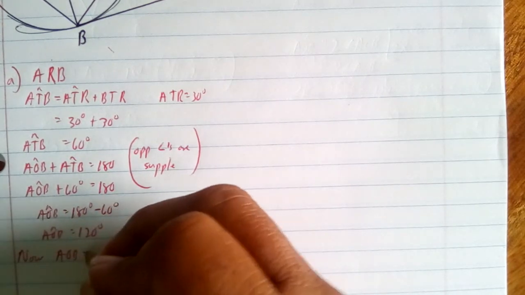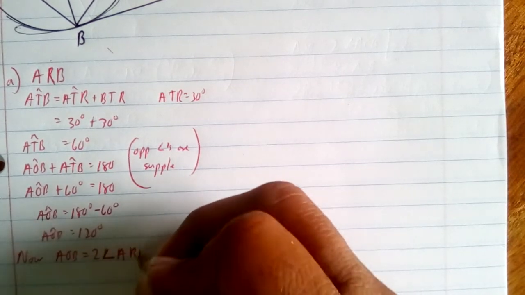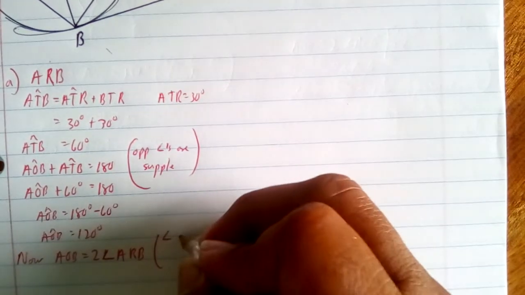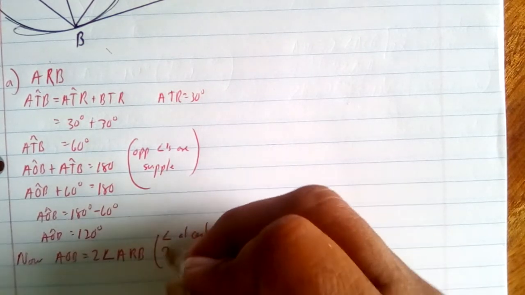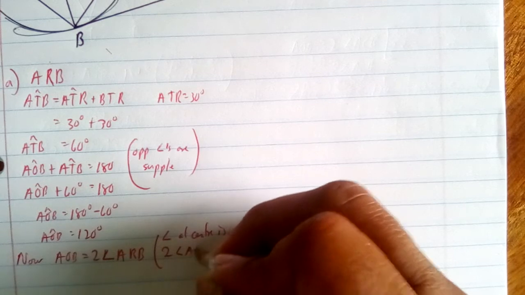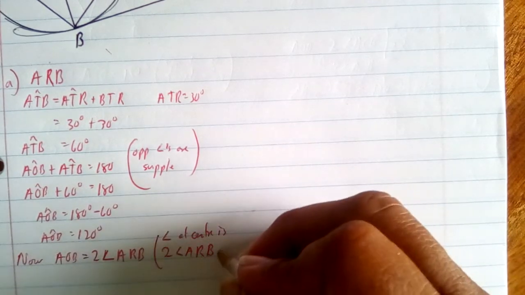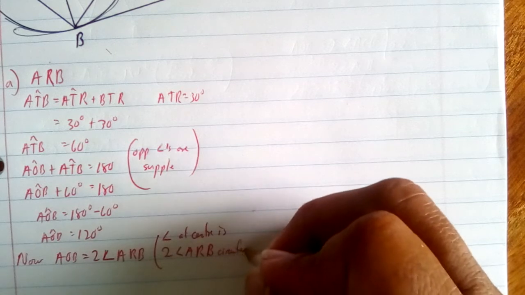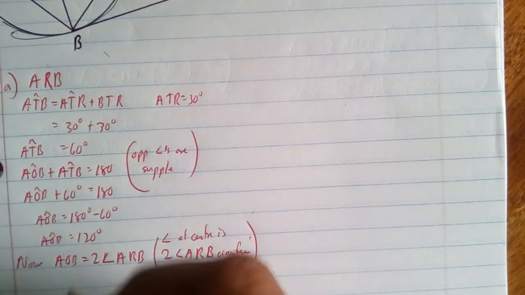So now we're going to say AOB equals 2 times angle ARB. Why? Angle at the center is 2 times the angle at the circumference. So that's the concept. Now we substitute our values.